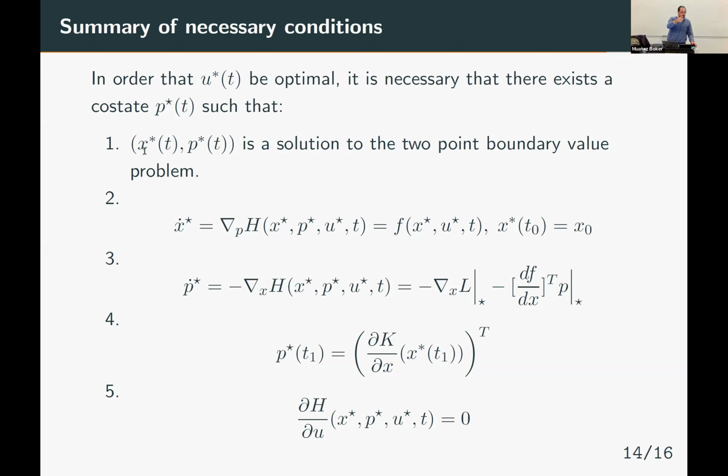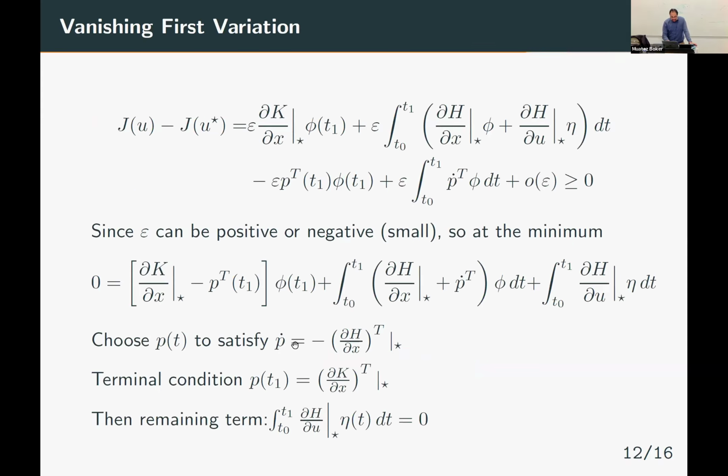That's one boundary value problem. The other is this differential equation with this boundary condition. So we have two ODEs with two boundary conditions, hence the name 2-point boundary problem.